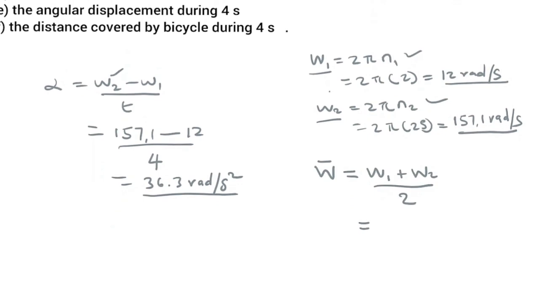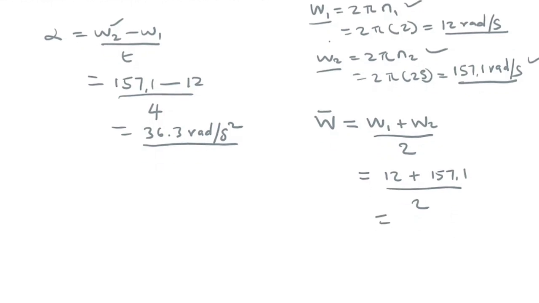Angular velocity 1 is 12, angular velocity 2 is 157.1, divided by 2. This will give the average angular velocity to be 84.54 radians per second.